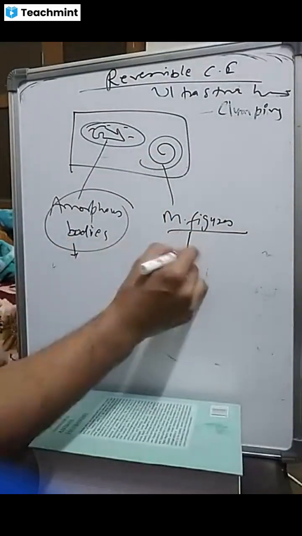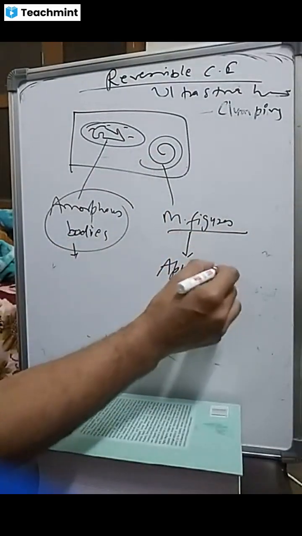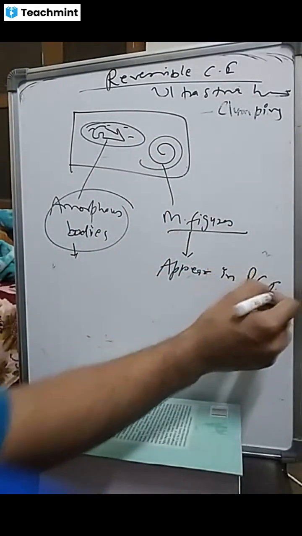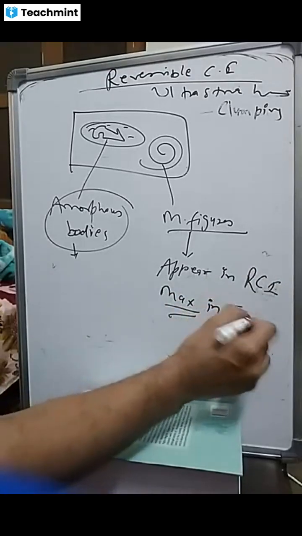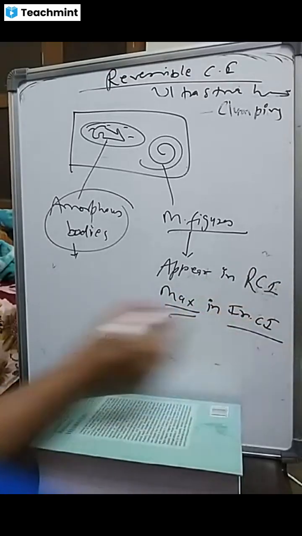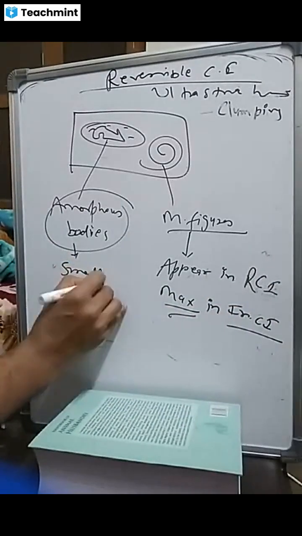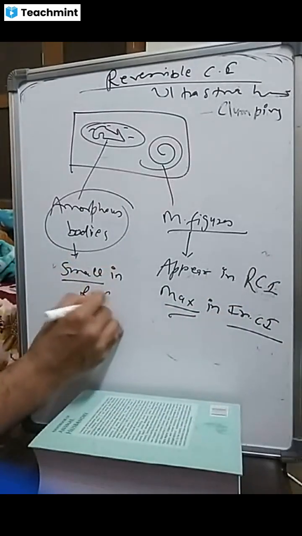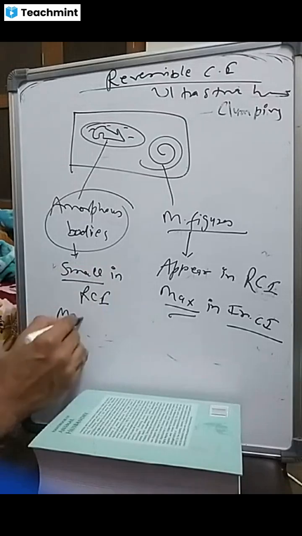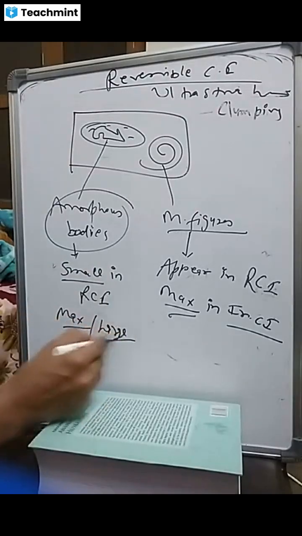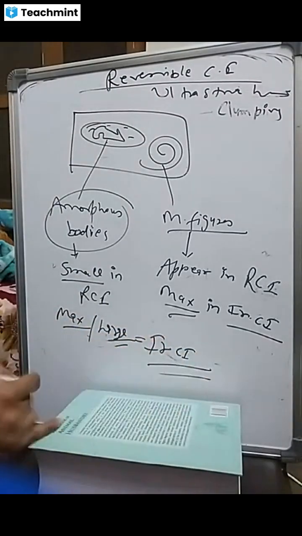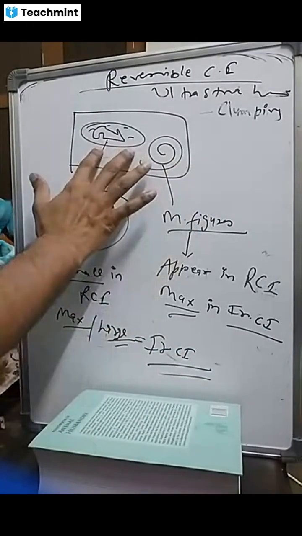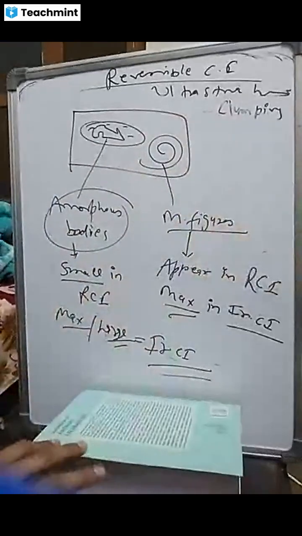Both appear in reversible cell injury, but they are maximum in irreversible cell injury. Amorphous bodies are small in reversible cell injury, and large in size in irreversible cell injury. These are two important points: where they appear and when they become maximum.